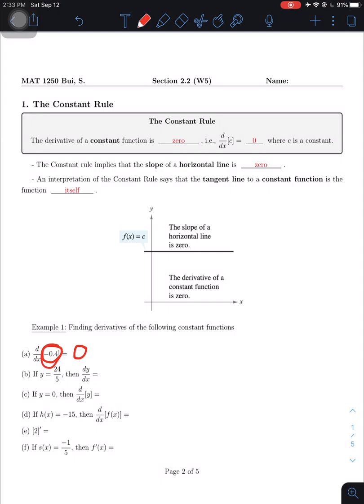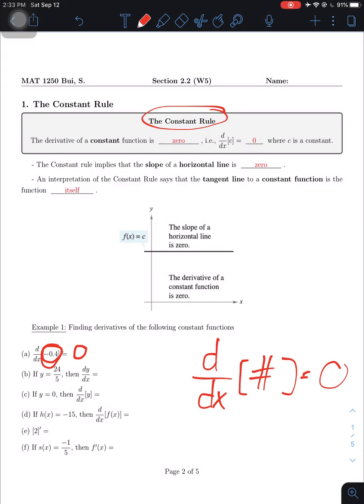It doesn't have an x or any letter next to it, it's just a number. It doesn't matter if you have a mixed number, a fraction, a decimal, or a whole number, even 0, they all end up being 0 when we take the derivative. So this is what the constant rule means.